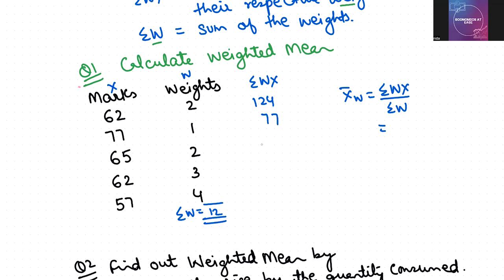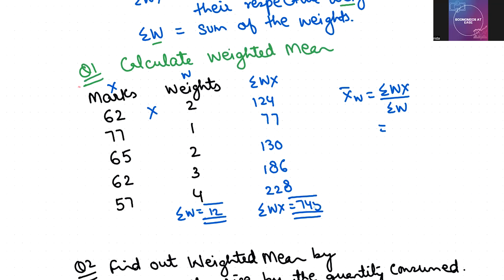You're going to simply multiply this. 65 into 2, 130. 62 into 3, you will get 186. And then 57 into 4, 228. Now we are going to add all these. That is summation wx. So you will get 124 plus 77 plus 130 plus 186 plus 228. So you will get 745.